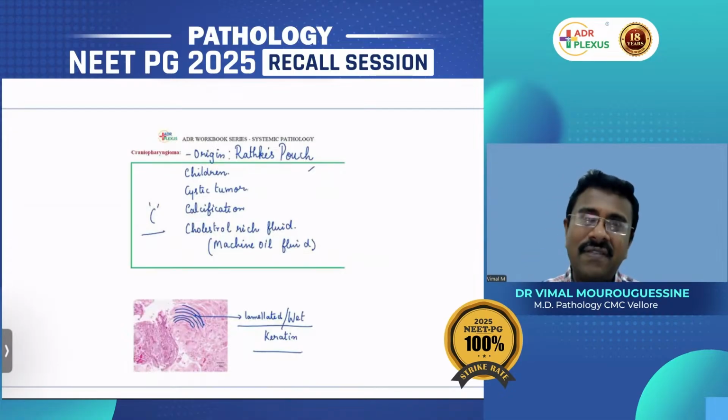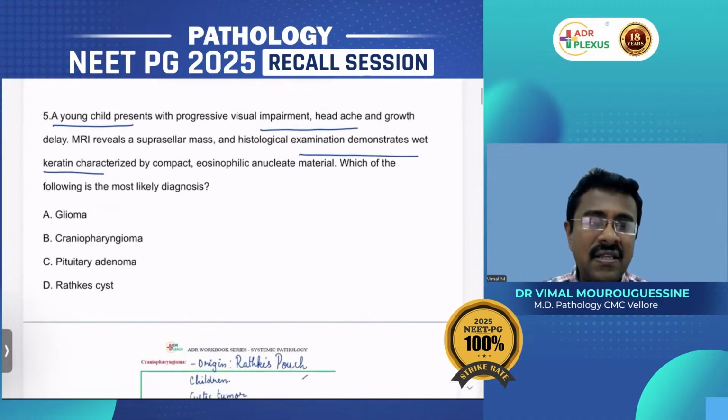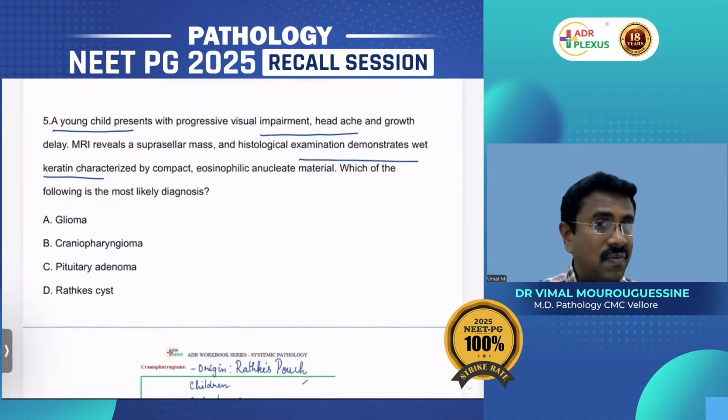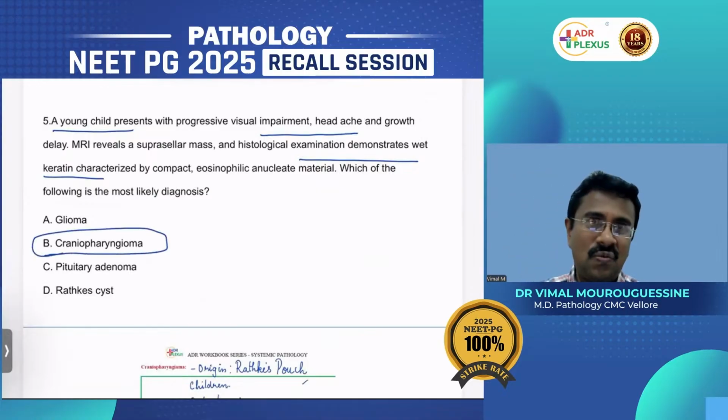You will be thinking of the tumor starting with C, that is craniopharyngioma. The origin is Rathke's pouch, and as you can see here, this is a typical wet keratin. The origin is Rathke's pouch, but the diagnosis is not Rathke's cyst. The diagnosis here is craniopharyngioma, the tumor you will remember with the letter C.